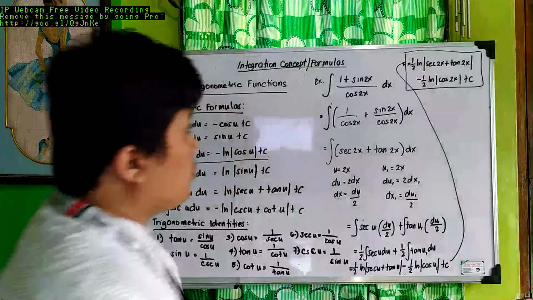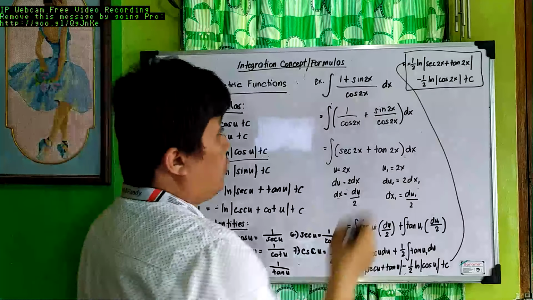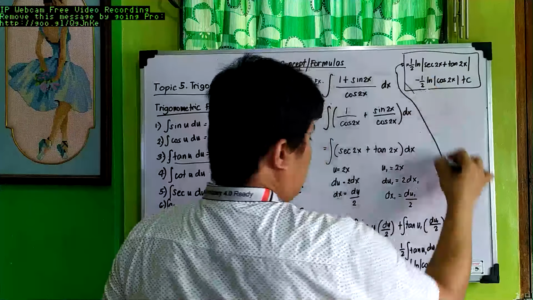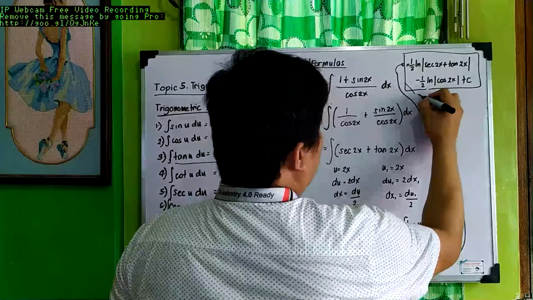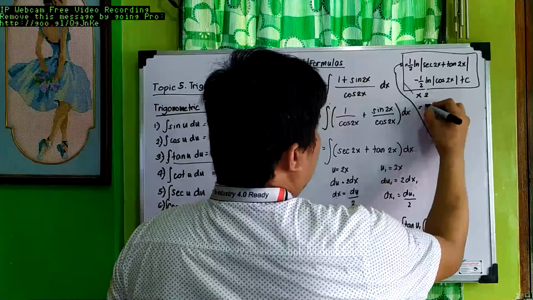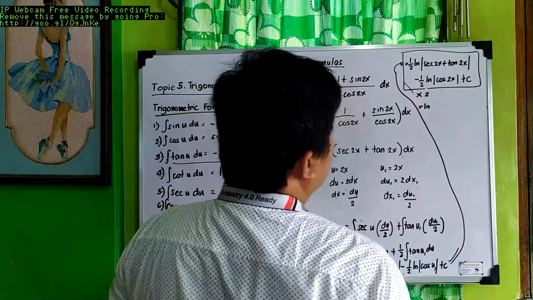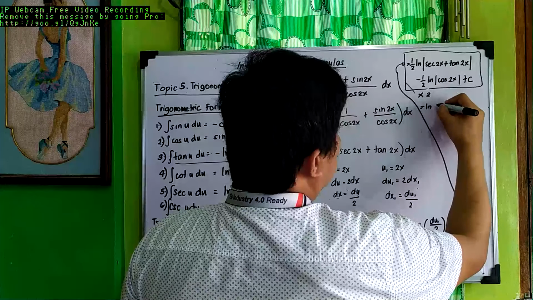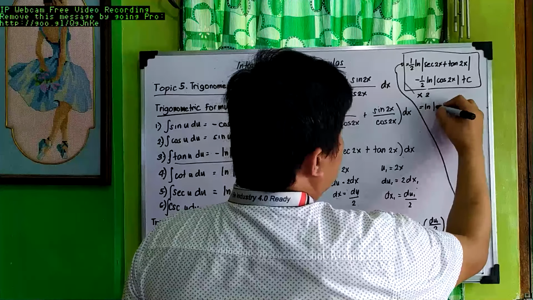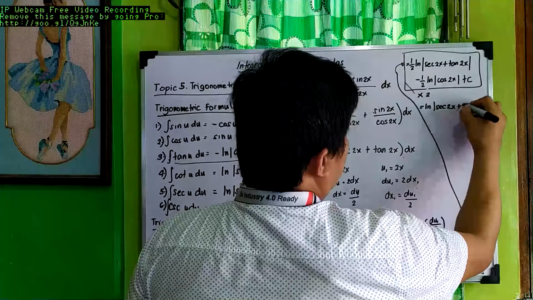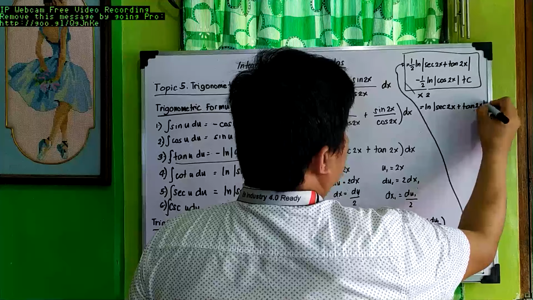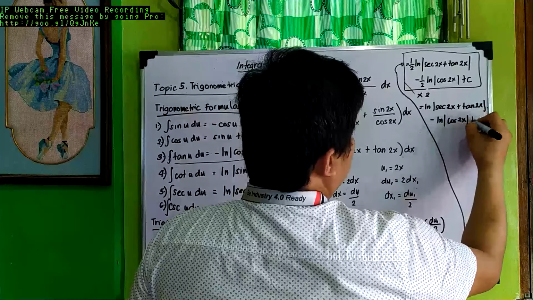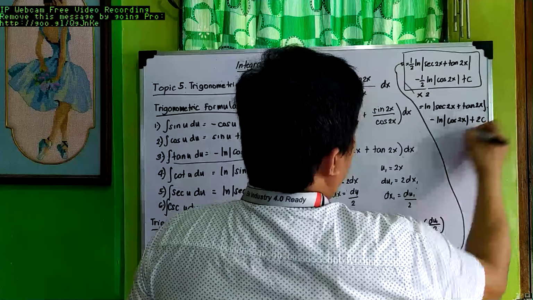or you could multiply it by 2 so that the 1/2 will be eliminated. So when you multiply it by 2, you will result with ln secant 2x plus tangent 2x minus ln cosine 2x plus 2c.